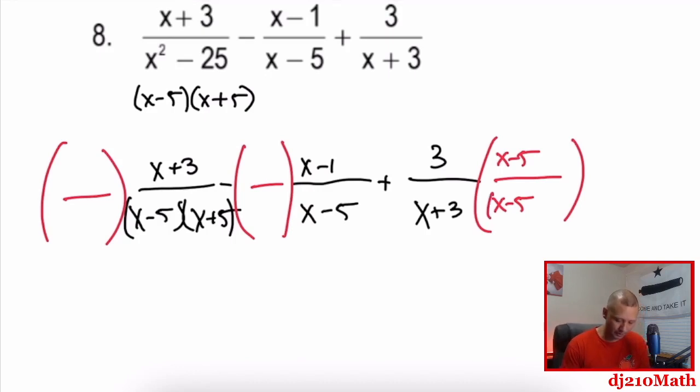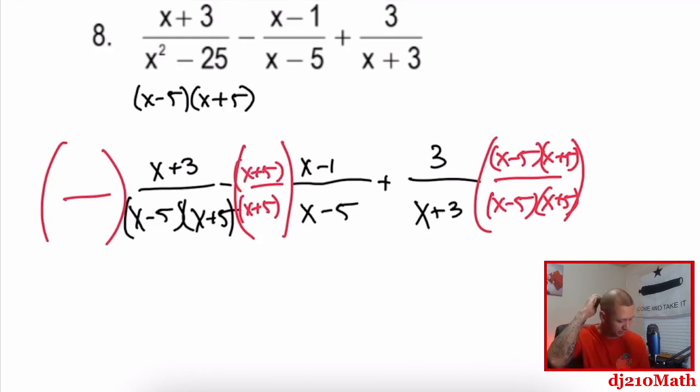Everything in the bottom is going to need an x plus 5. Top and bottom. I have enough room. That's going to be an issue. And then everything in the bottom is going to need an x plus 3. So, look, I can just do it like this. I can just write it in.